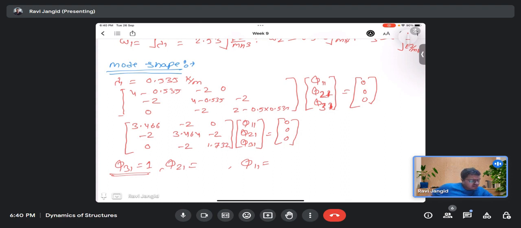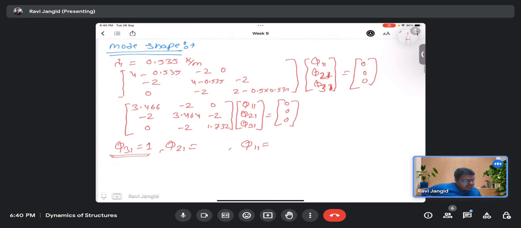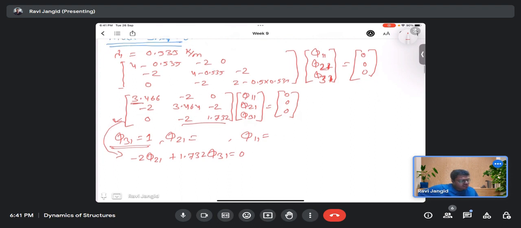Not? Let us calculate. Let me consider this equation first. In this, minus 2 φ21 plus 1.732 φ31 is equal to 0, and as we have considered φ31 is equal to 1, so what would be my φ21?